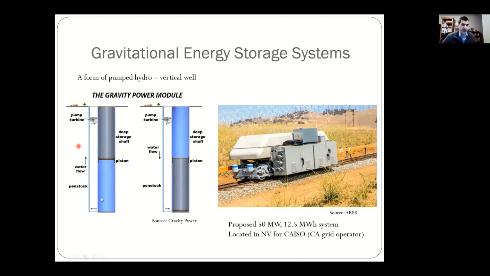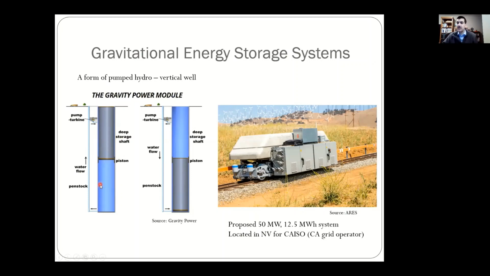Here's a totally different thing. This is almost more like pumped hydro. The way this works is this is a big solid piston, probably made out of concrete. And what's going to happen is that we're going to discharge the system over here. So this big, massive weight of concrete is going to push down on this water down here.